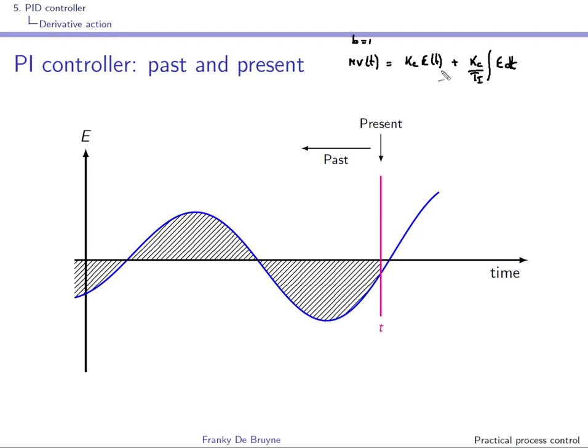So you can see that this is the proportional part, and the integral part, right? And this proportional part clearly depends only on the error at the present time, whereas by definition the integral part looks at the past, from the infinitely remote past to the present time.